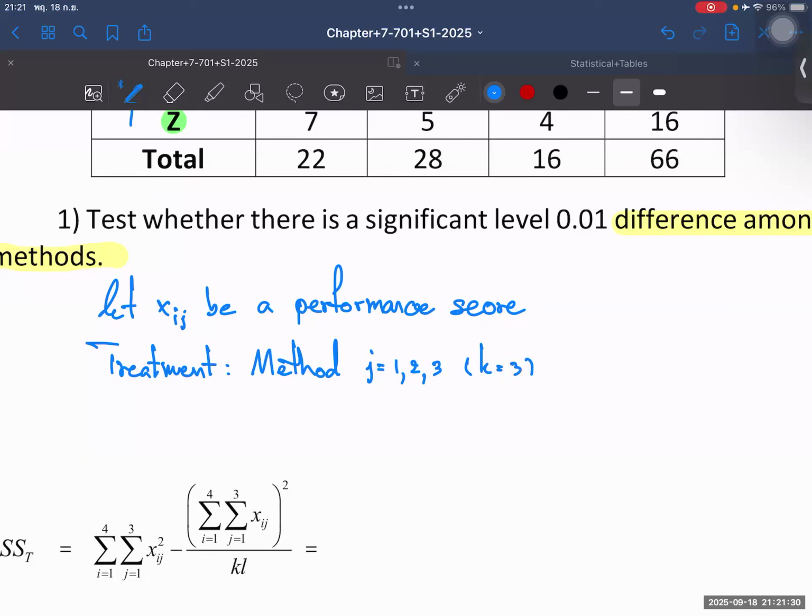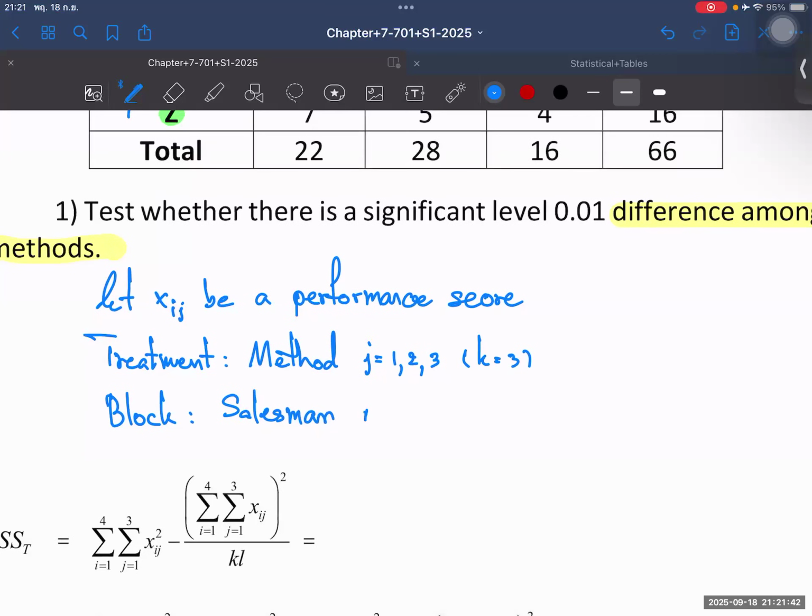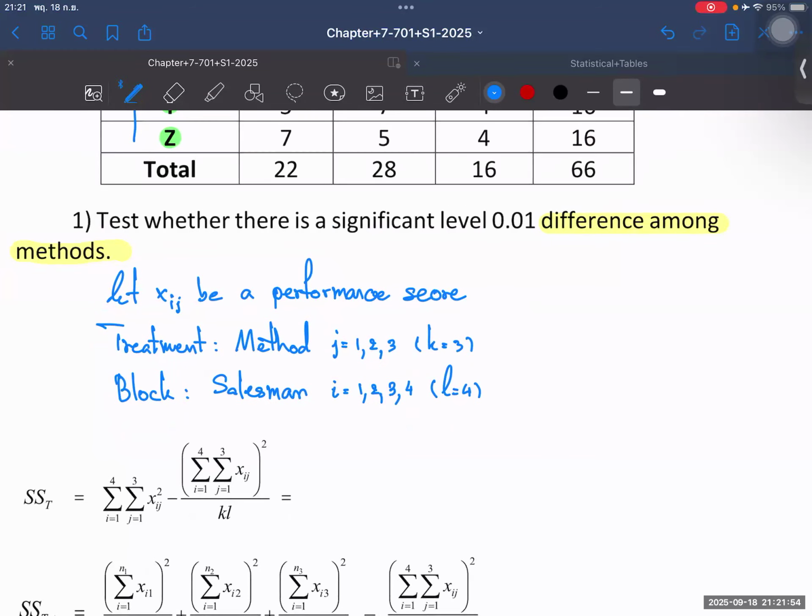And for the block, the block is a salesman, for i equal to 1, 2, 3, and 4. So we have L equal to 4 right now, because this is row and column.